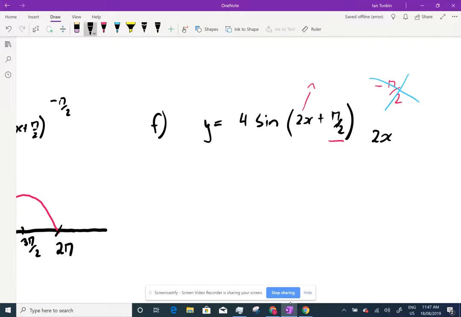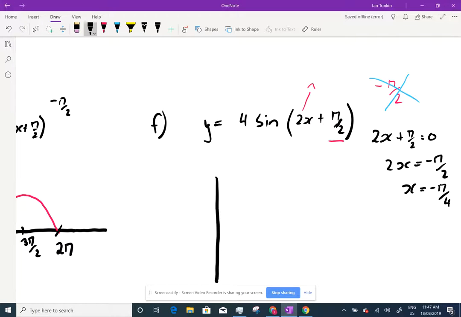2x plus pi on 2 has got to equal 0. So 2x equals negative pi on 2. Divide by the 2. It shifts pi on 4. It shifts 45 degrees. And we're still going to get 2 sine curves. That's going to give us 2 sine curves, and it's going to go up and down to 4.